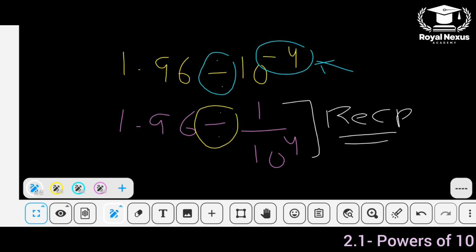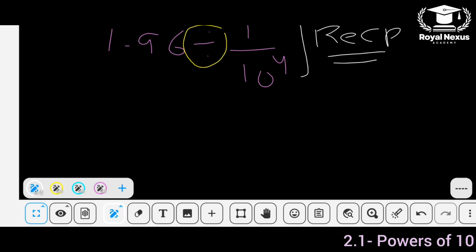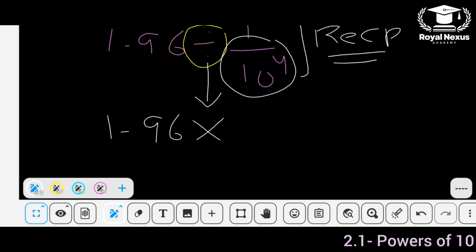So what do I mean by it? In order to make this division sign a multiplication sign, 1.96 will be written as it is, and for this 1 upon 10 raised to the power 4 we will take a reciprocal, so the reciprocal will be 10 to the power 4 upon 1, and no need to write upon 1 because anything upon 1 is the number itself. So the answer is 1.96 times 10 raised to the power 4.